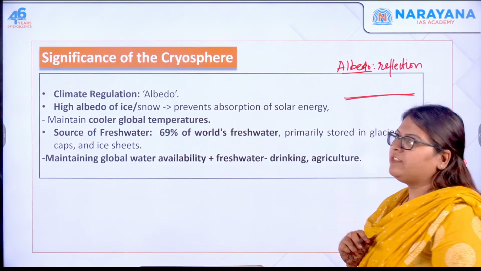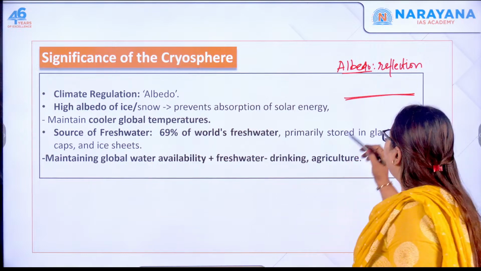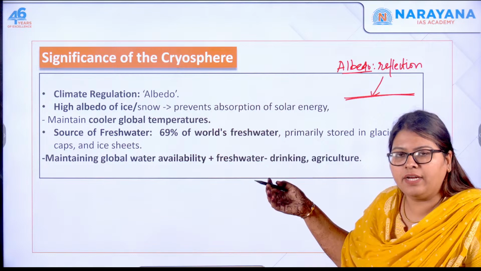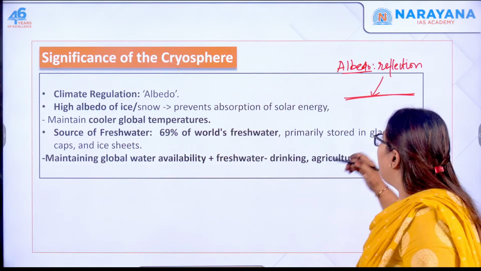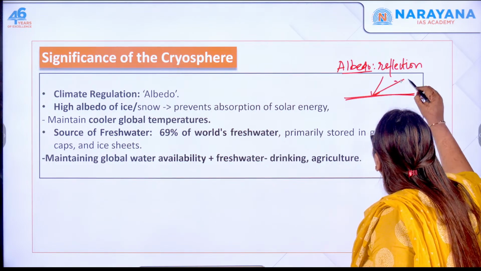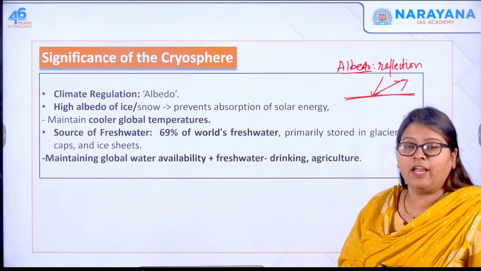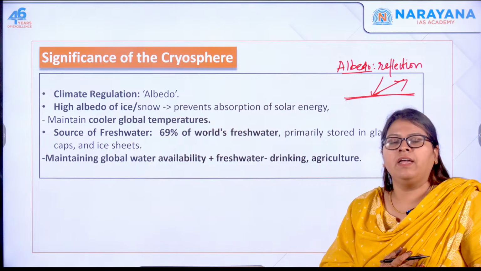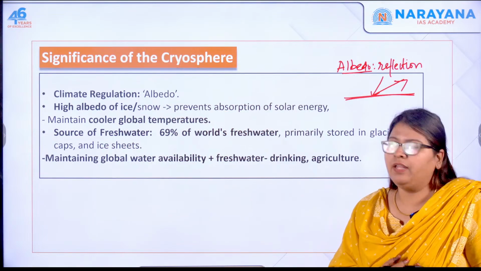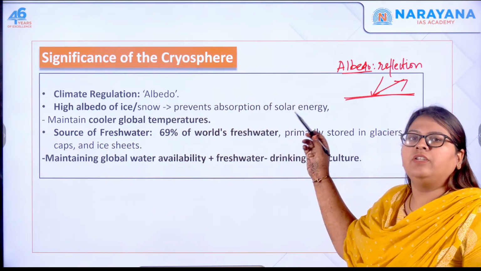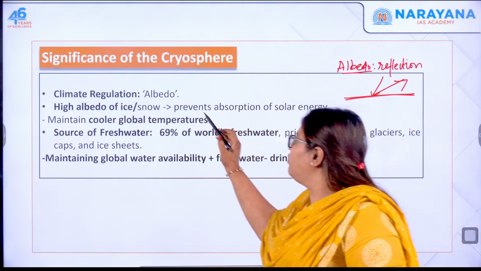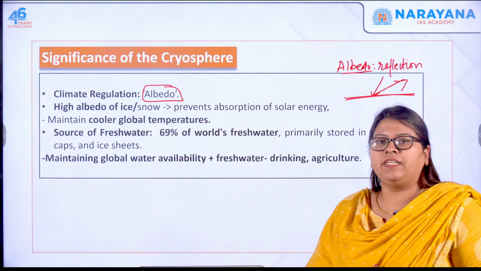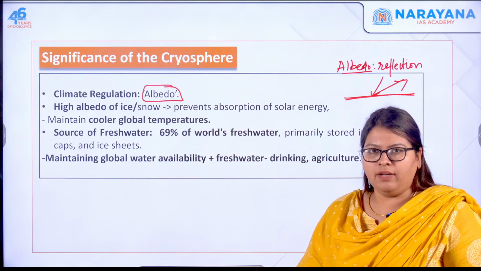If this is the surface of the cryosphere, that is the ice, the incoming solar radiation, which is called insolation, to what extent or how much of it is reflected back, and the capacity of this surface to reflect it back, is called albedo. So in climate regulation, the cryosphere plays a very important role in the form of albedo. This is the reflecting capacity for the incoming solar radiation.